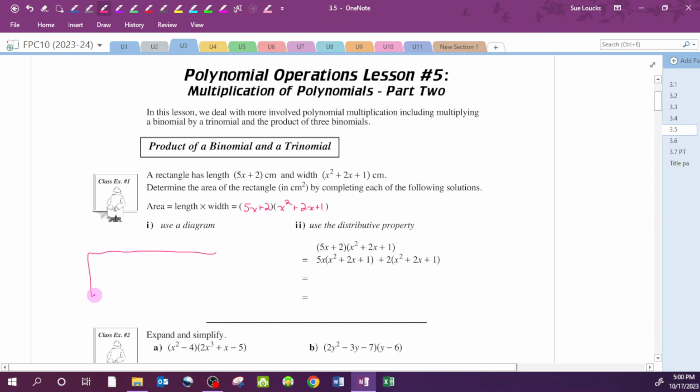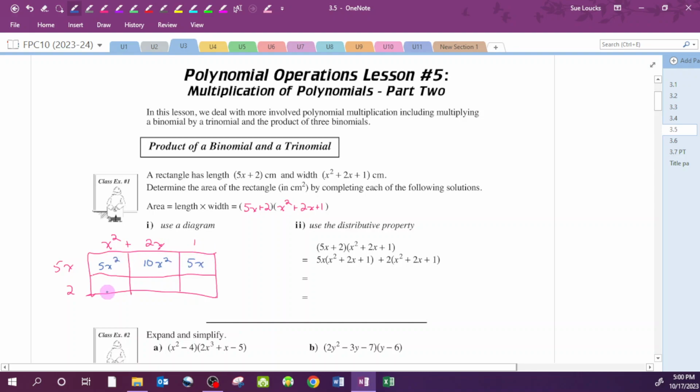So let's do the diagram. I'm going to do the three terms across the top because it's more space: x squared, 2x, and 1. Then down the side, I'm going to do 5x and 2. So this square gets 5x cubed. This gets 10x squared.